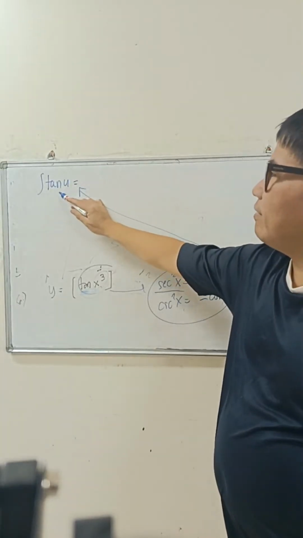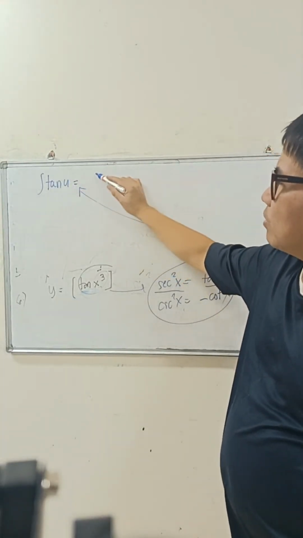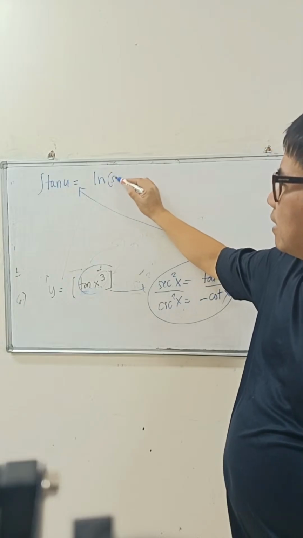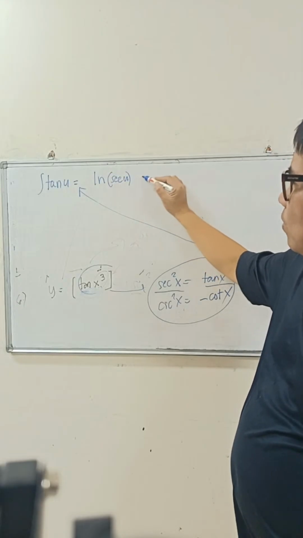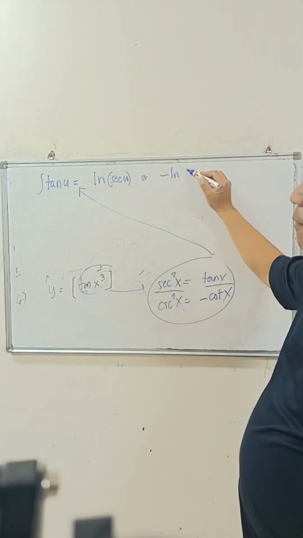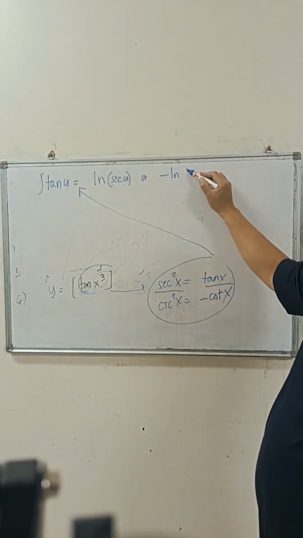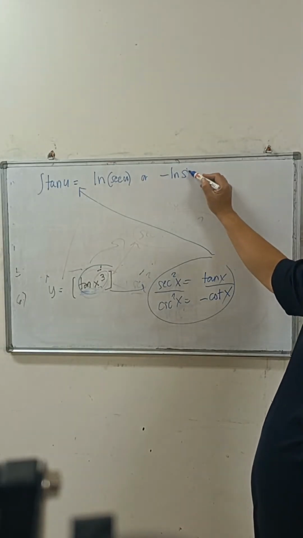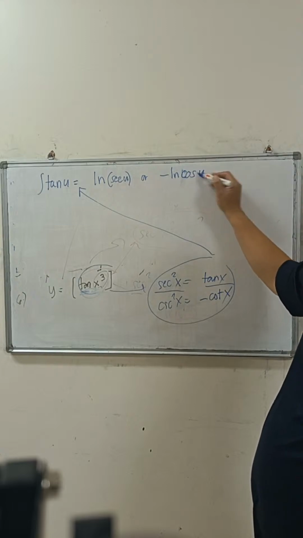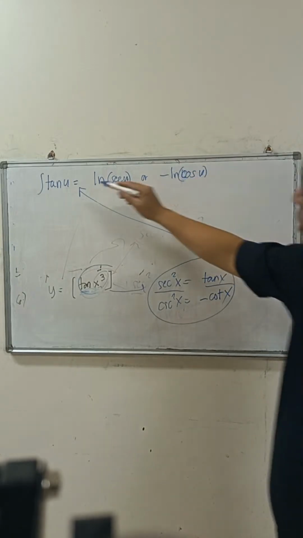See? The integral of tangent u is equals to ln secant u, or that is negative ln, let's say, this is sine u, and also cosine u. So tangent pa sa good niya siya.